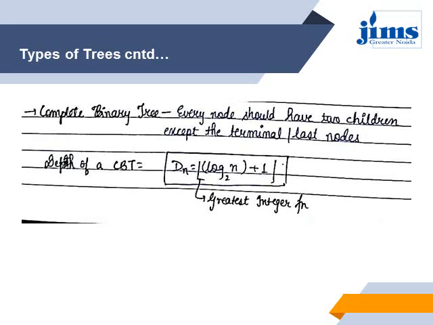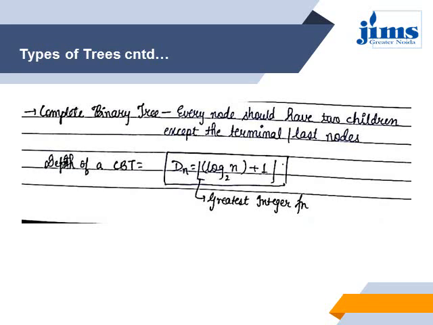For a complete binary tree to exist, every node must have 0, 1 or 2 child nodes, plus all the levels except for the last level must be complete. By complete I mean that for any level n, the total number of nodes present should be equal to 2 raised to the power n.